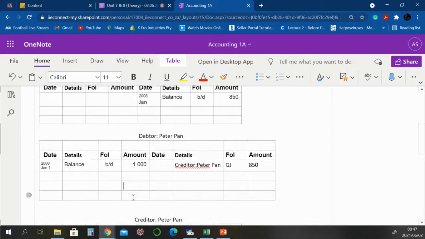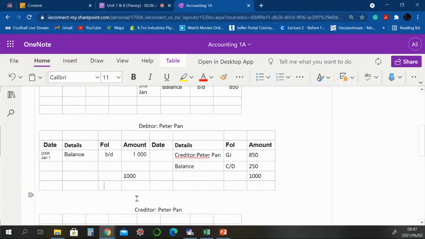So here we're going to put 1,000, and here we're going to put 1,000 because that's the bigger side. But then here we're going to put balance c/d, and this is going to be 250. And then obviously our balance brought down is also going to be 250 as well.